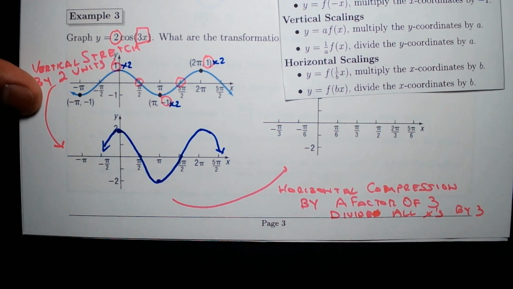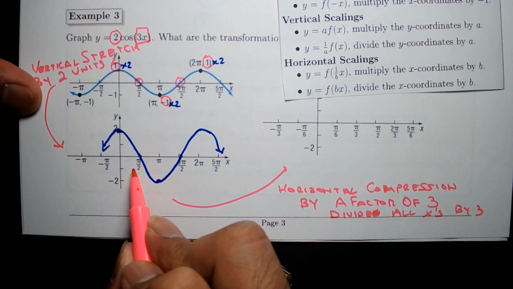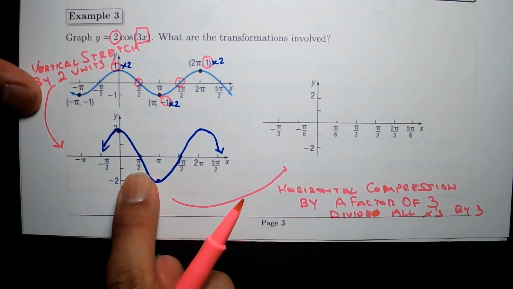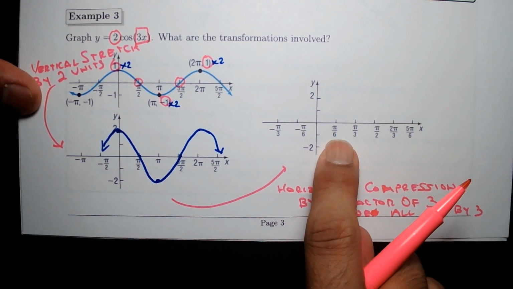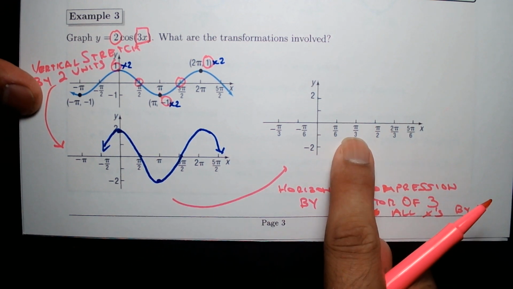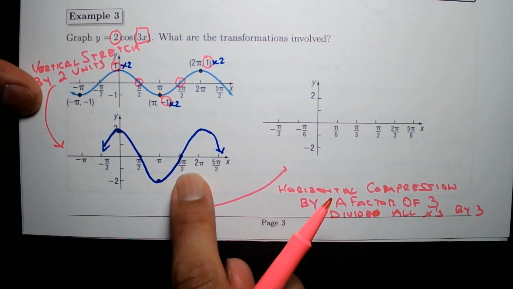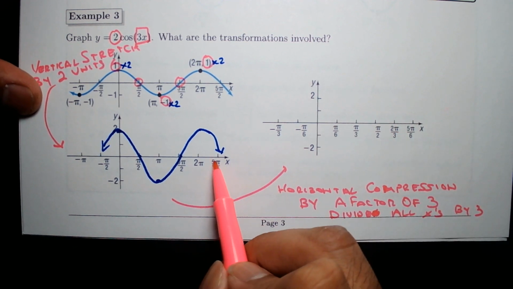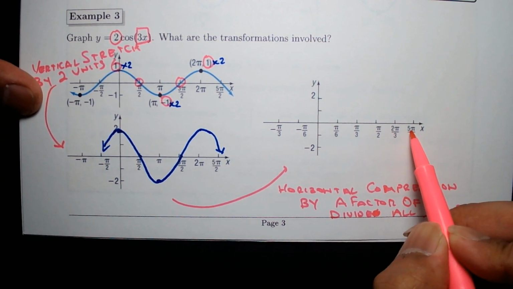That's what we're going to do. So this is pi over 2 divided by 3, which is going to become pi over 6. This pi divided by 3 is pi over 3. 3 pi over 2 divided by 3 is pi over 2. 2 pi divided by 3 is 2 pi over 3. 5 pi over 2 divided by 3 is 5 pi over 6.